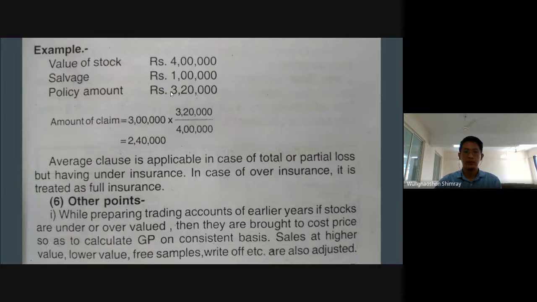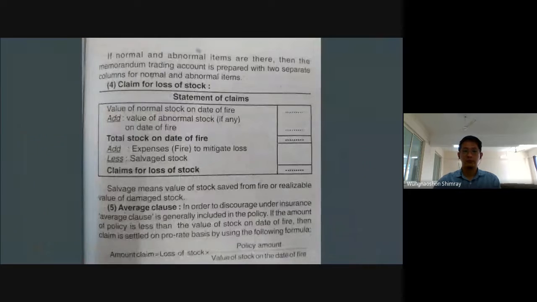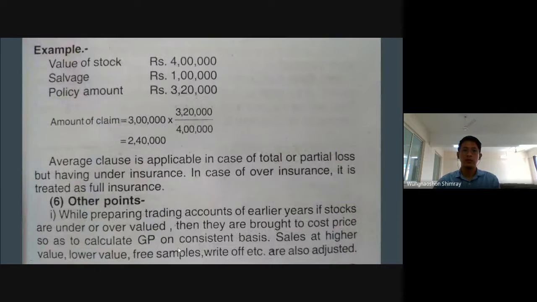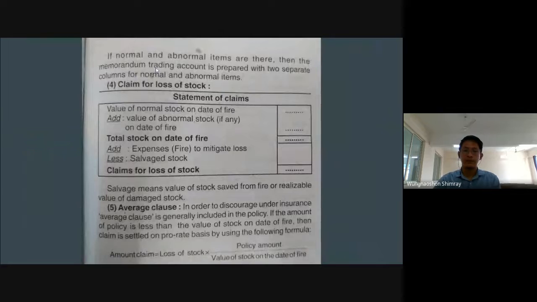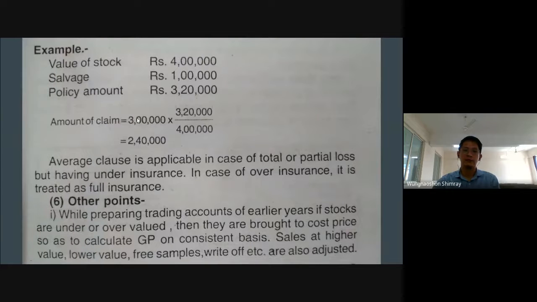An example of that formula is, supposing the value of stock is 4 lakhs, salvage value is 1 lakh, and the policy amount is 3,20,000. So loss of stock is how much? Loss of stock is 3 lakhs. Why?